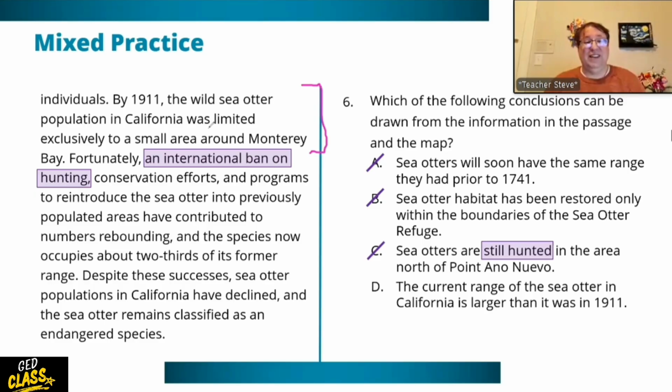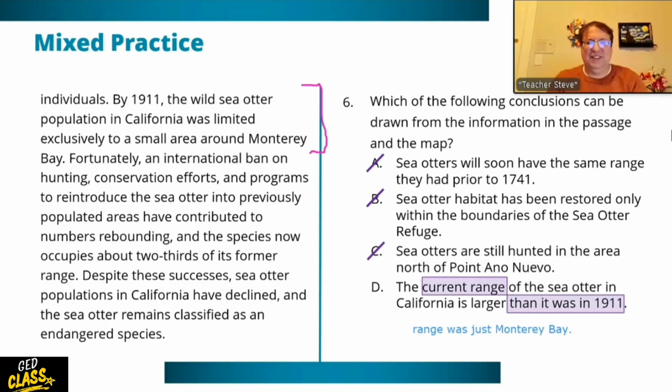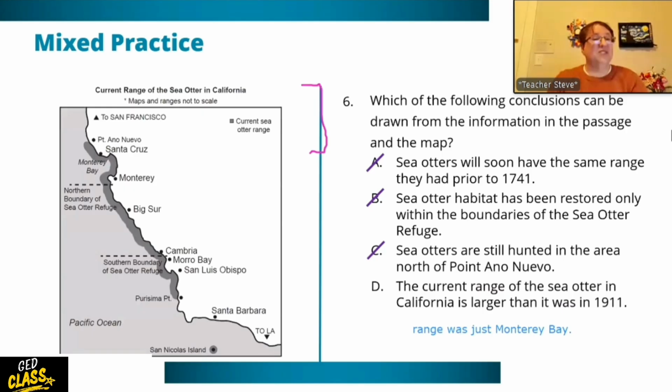It was limited specifically. The range was just Monterey Bay. That's it. Now, of course, we looked at the figure several times here, but is the range of the sea otters just Monterey Bay anymore?